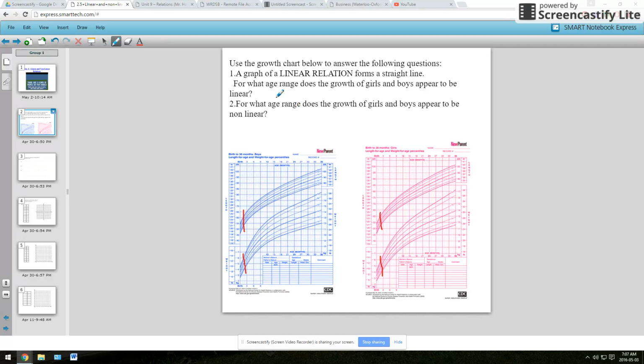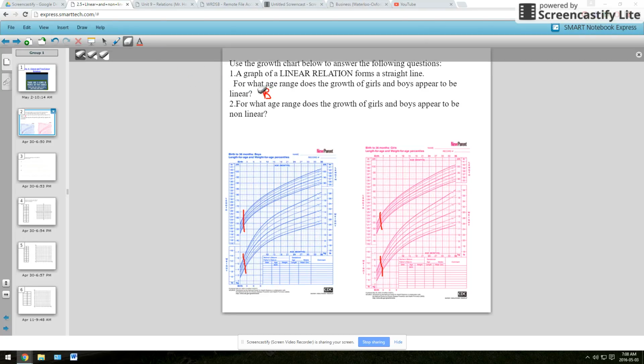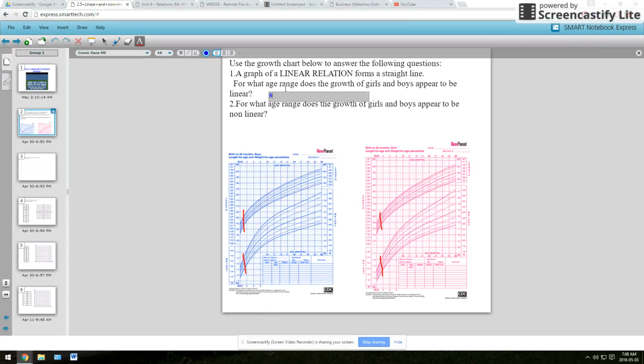So for what age range does the growth appear to be linear? You could say, maybe I'll type this. Between birth and 2 years old.